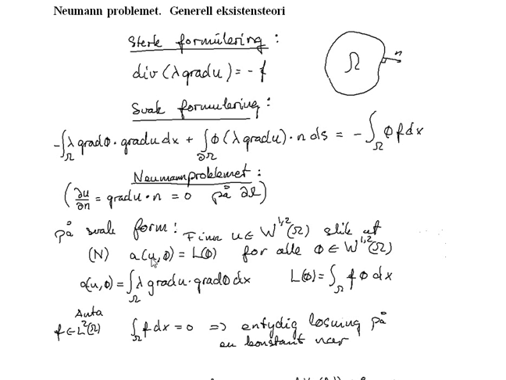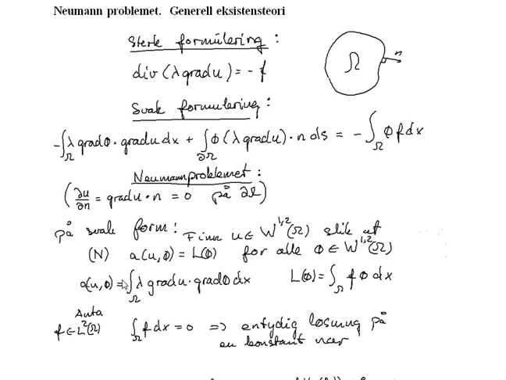And the solution u should also be such a function. So we cannot say any more that the function u should have 0 boundary conditions, because for the Neumann problem this is not the case.